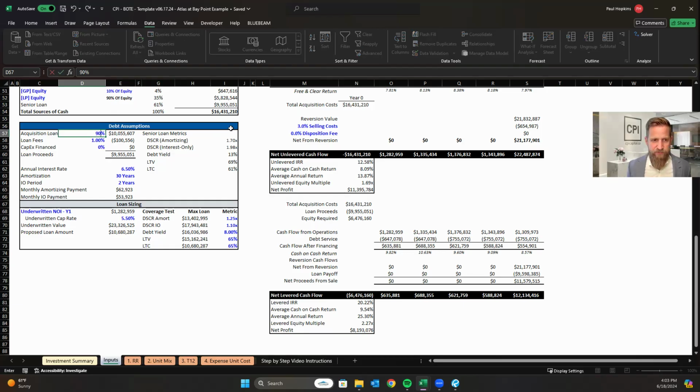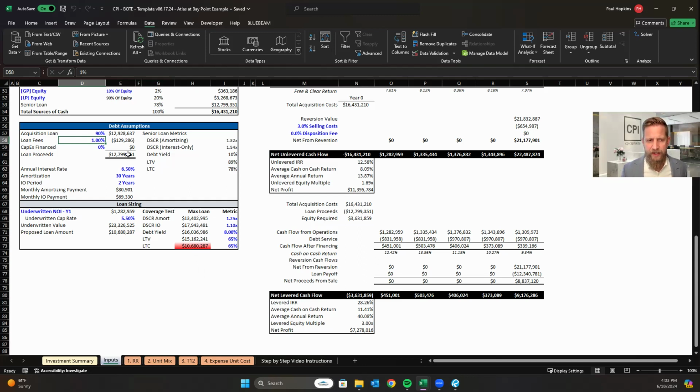If I was to take this full leverage up to 90%, it highlights, hey, you've got an issue here. There's an error or a concern that this model has. So the loan proceeds at 90% would be 12 million, but the highest you could go is 10.5. And so there's an issue there.